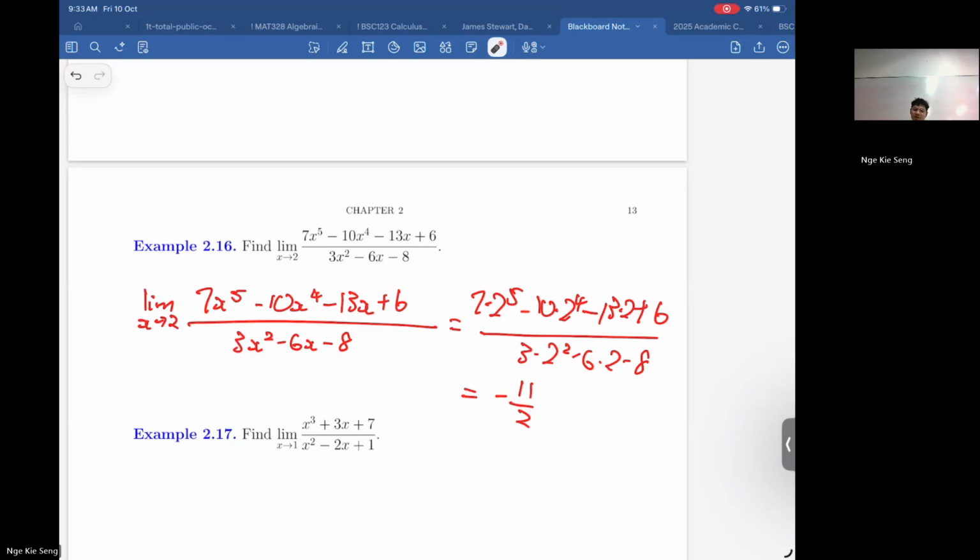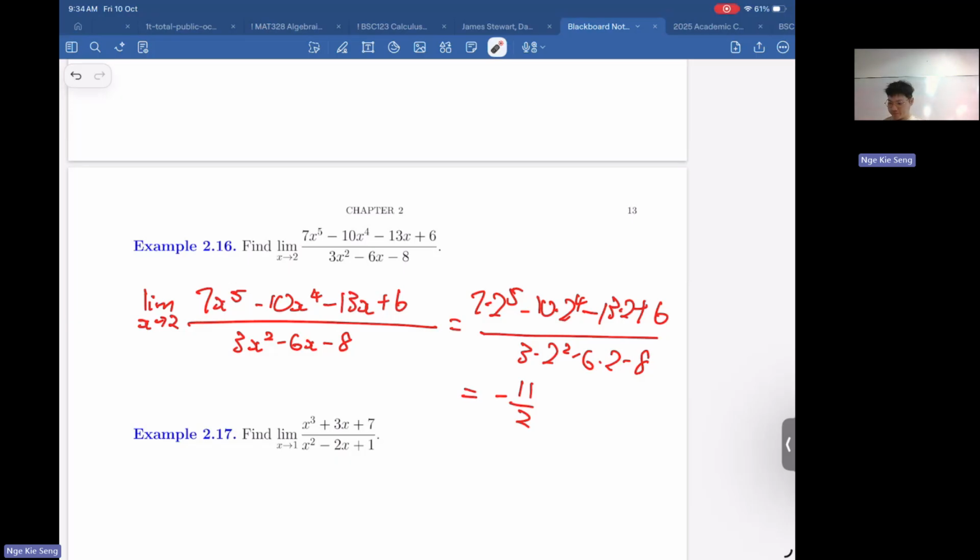No. The substitution doesn't work. So can you still find the limit or not? Then you need to use the old way again.